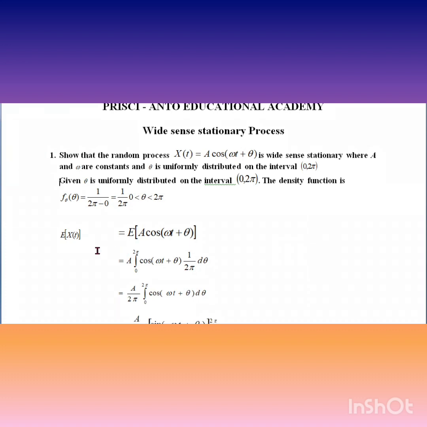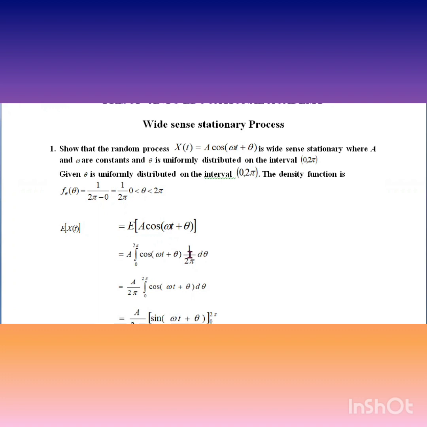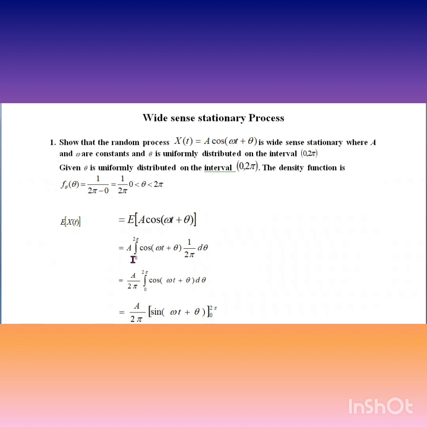Let us see the expectation of x of t, which is equal to expectation of a cos of omega t plus theta. So a into integral over the limit 0 to 2 pi cos of omega t plus theta into 1 divided by 2 pi d theta.